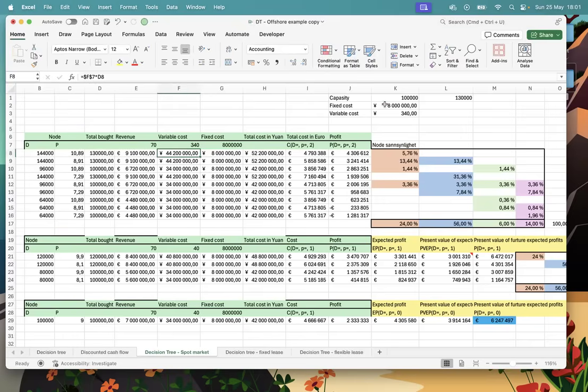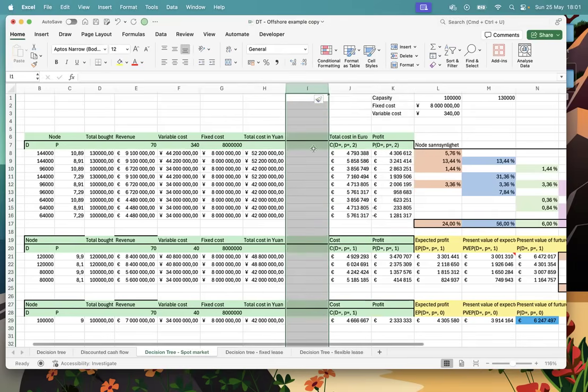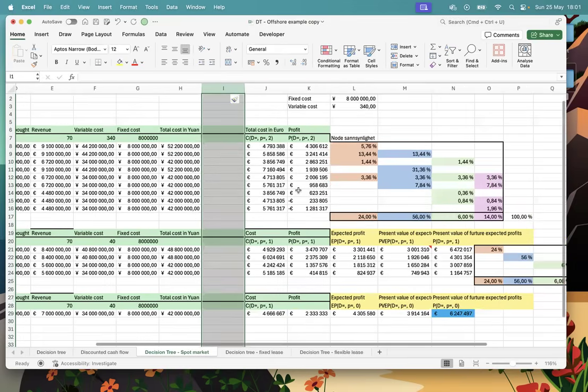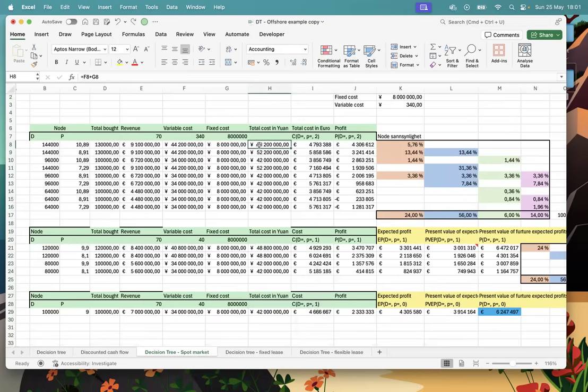And then we have 8 million yen in our fixed cost, which is the same here. I have added these both together in this column. You can just press insert and add another column and everything will shift away. So I have taken everything that is cost in yen here, and I get it together.